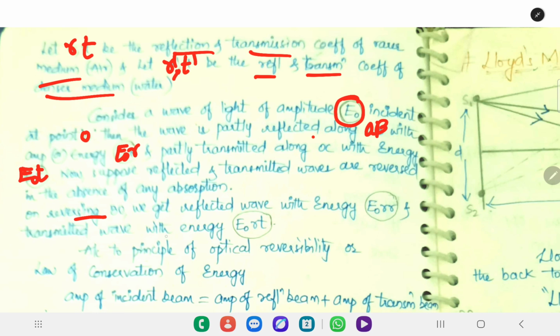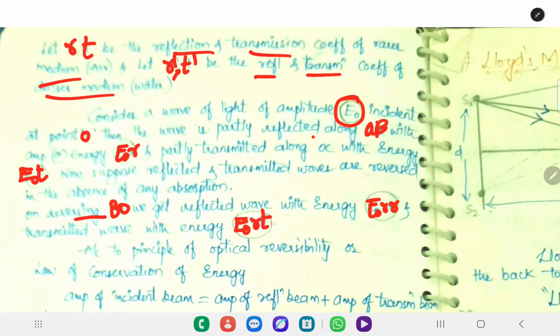On reversing BO, we get a reflected wave with amplitude E0 R and it also transmits, so E0 R T is the amplitude.